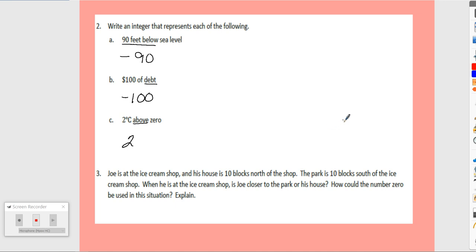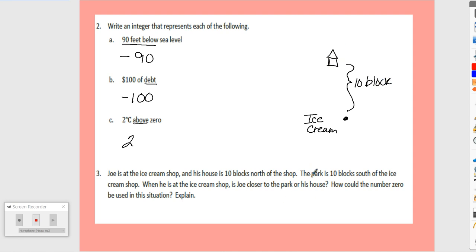So I'm going to go ahead and here is the ice cream shop. And we know his house is 10 blocks north, and north is above. So we know that this distance right here is 10 blocks, and this is his house.